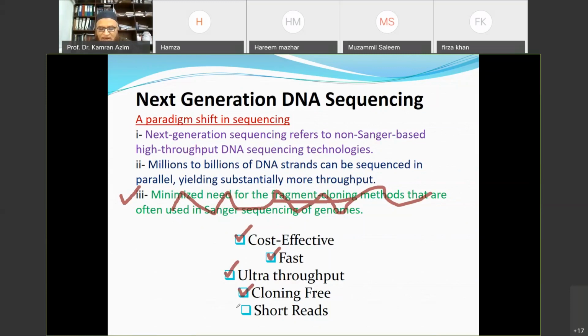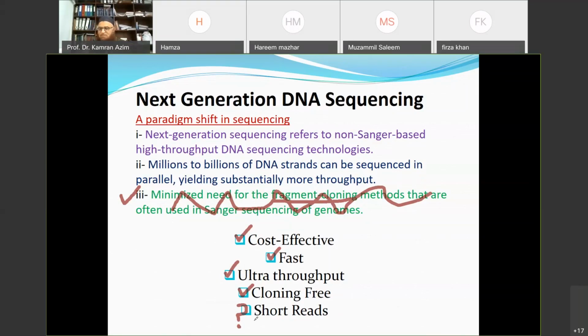However, there is a little problem with NGS: it gives us short reads compared to Sanger sequencing. Sanger sequencing reads are longer, 700, 800, 1000 base pairs. But in NGS, normally we get reads of about 100 base pairs, 200 base pairs, 250 base pairs maximum.